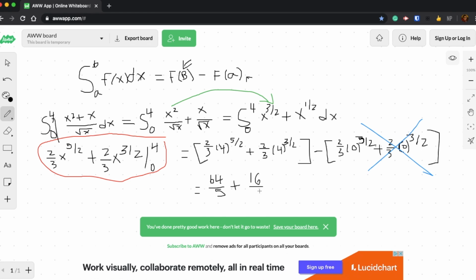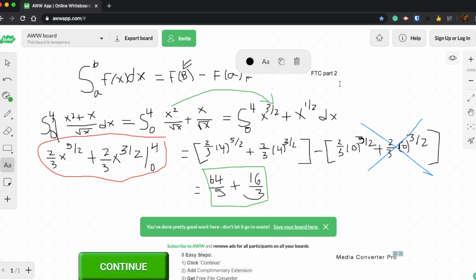If you do, I'm pretty sure you guys will know how to simplify this. But this is the general idea of how to solve problems using the fundamental theorem of calculus part 2. Alright, there we go. So that is the fundamental theorem of calculus part 2.